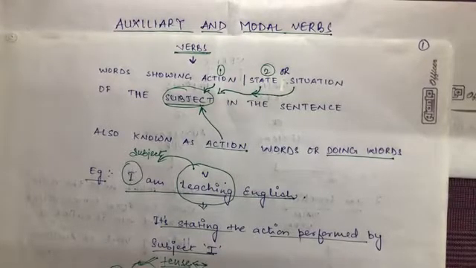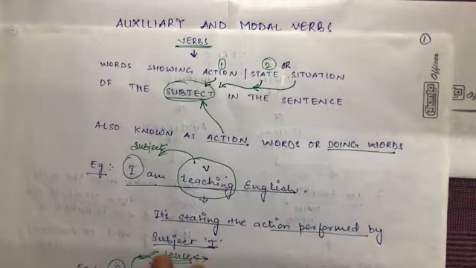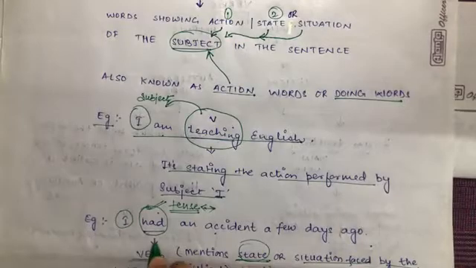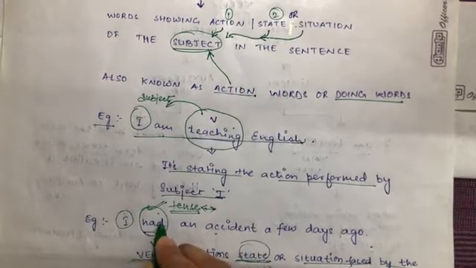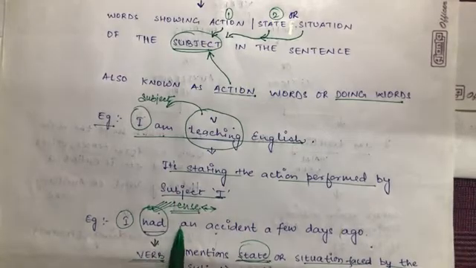Here in the first example, I had an accident a few days ago, the verb had shows that the action has been performed in the past. This action has taken place in the past. It is representing the tense.